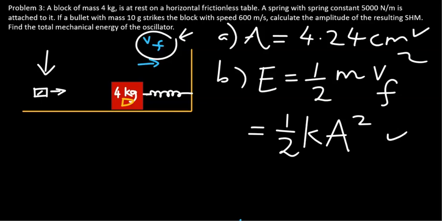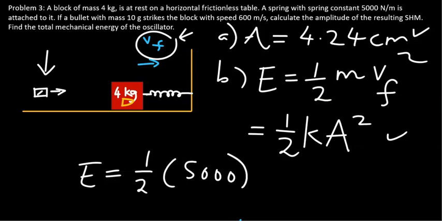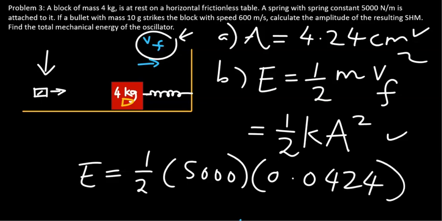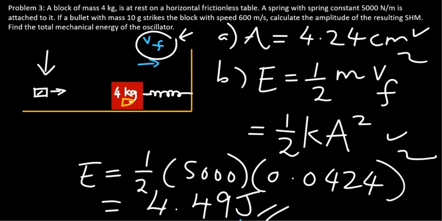So if we were to use the potential energy, we're going to get the following result. So K is 5,000, A is what we have computed, 0.0424 meter squared, and that's going to give you about 4.49 joules, and that solves the problem.